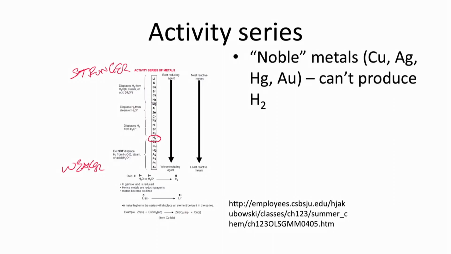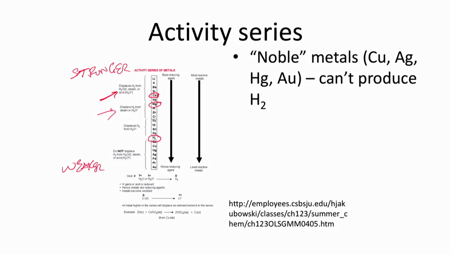So anything above hydrogen can react with a source of hydrogen to create hydrogen gas. For example, magnesium that we talked about earlier can create hydrogen from something like steam or acids. And something like calcium, which is even stronger than magnesium, can still react with steam or acids, but it can also react with just plain liquid water.